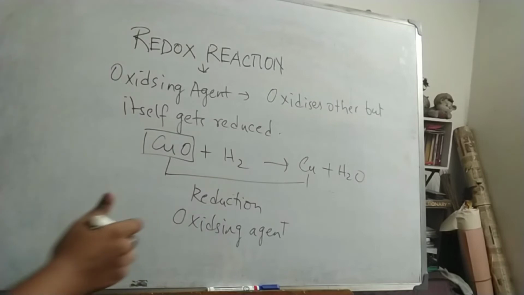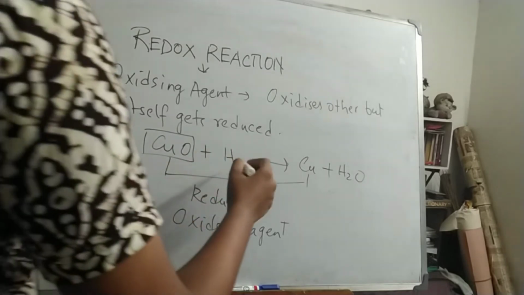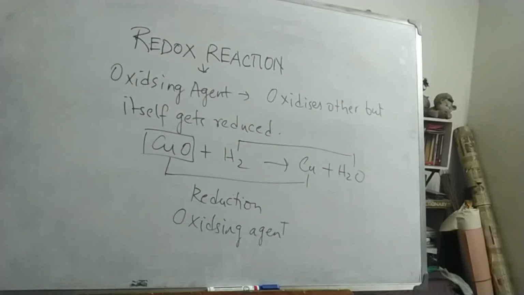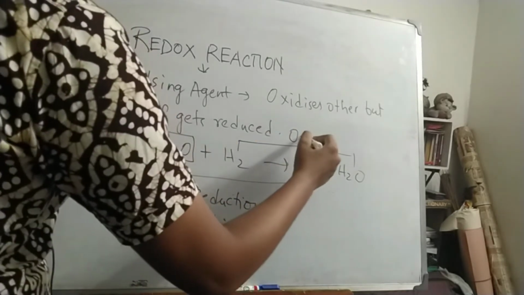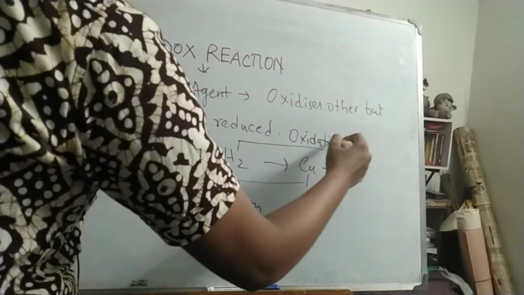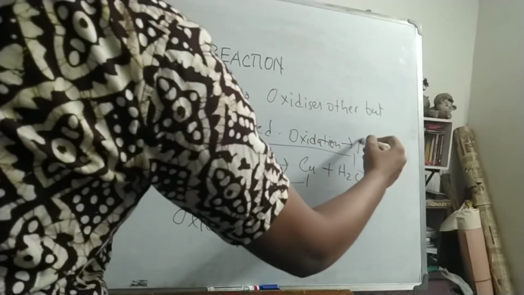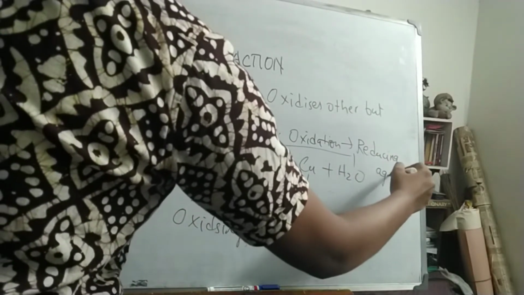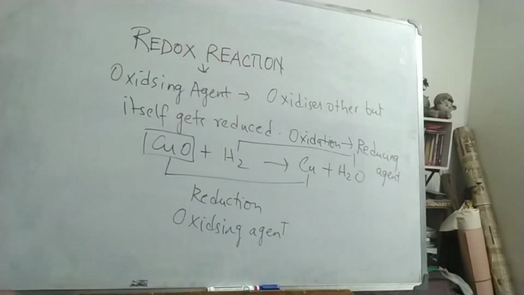And now what is a reducing agent? Here oxidation is done, so H2 is a reducing agent. Why?